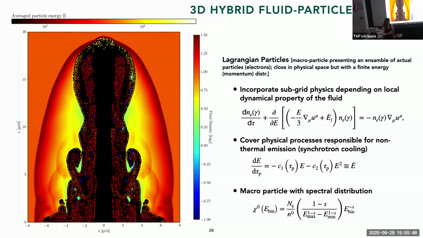And as I said, the macroparticles already have a spectral distribution, so we don't have to make assumptions or proportionalities between thermal variables and non-thermal variables, because we already have the non-thermal electrons that will give you the needed attributes for the radiative transfer calculations.